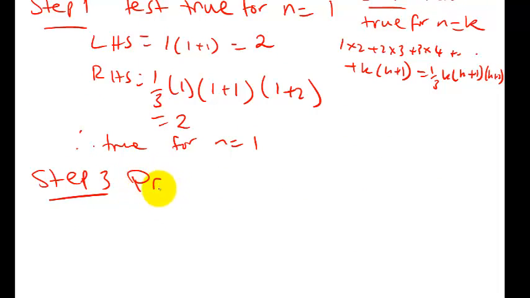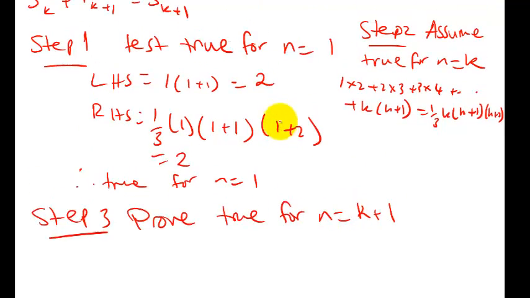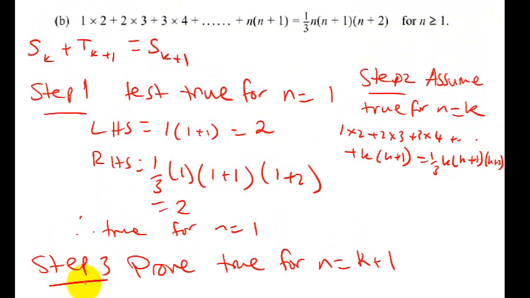Step 3, which is where you're actually getting your marks. You want to prove true for n equals k plus 1. So I like to write an i.e. there. That's what you're trying to prove. Essentially, you're trying to prove this: 1 times 2 plus 2 times 3 plus 3 times 4 plus ... Now, rather than n, it's k plus 1.